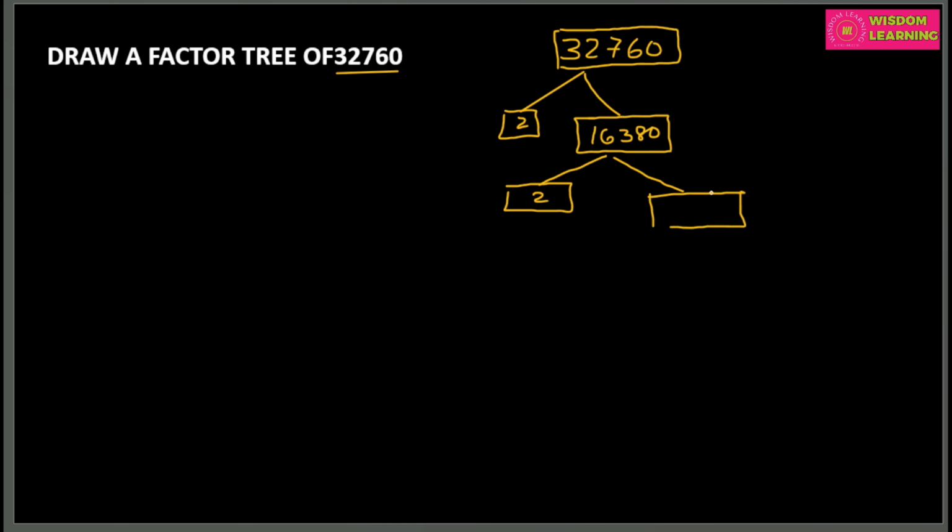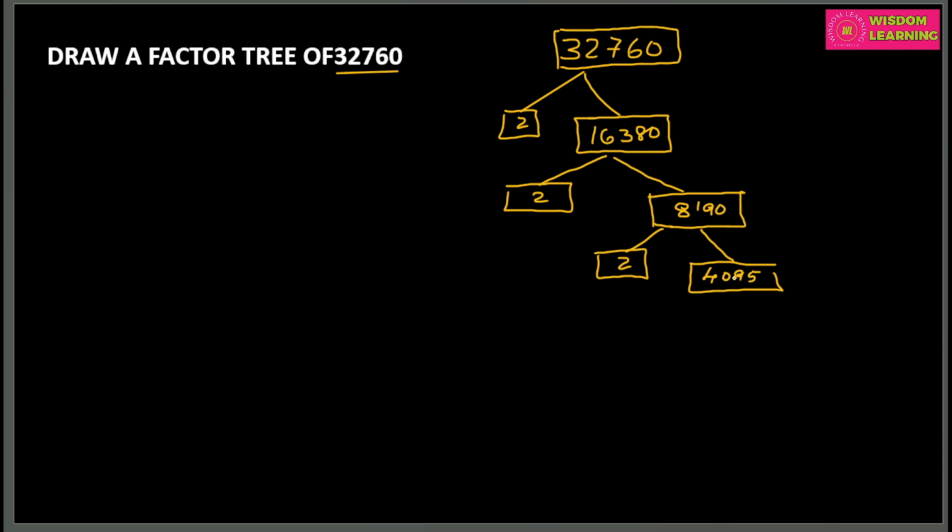We notice that it is again an even number, so we divide by 2 again and get 4,095. Now it is not an even number.